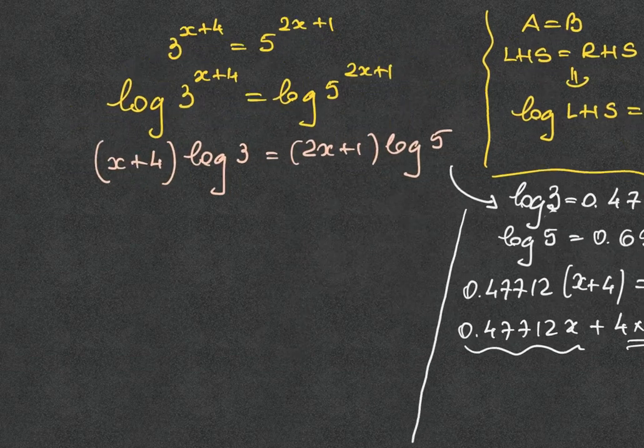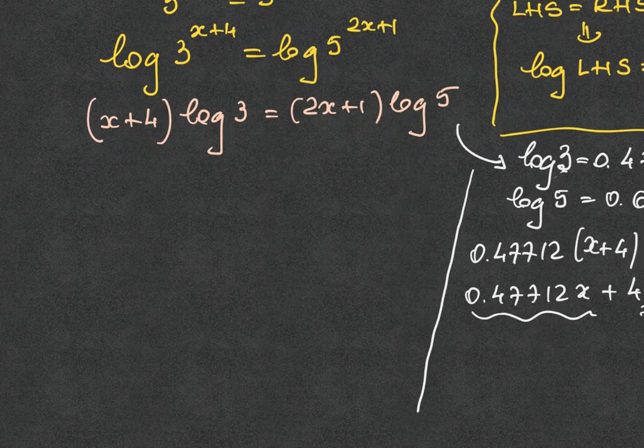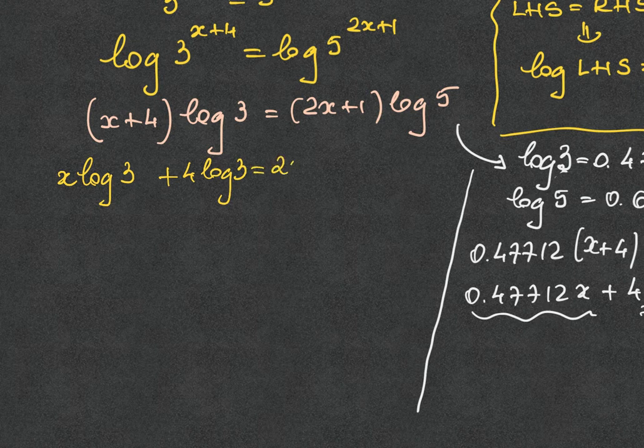So being ugly, let's solve this equation with log 3 and log 5, but it's exactly the same method. So what we've done is we multiply out: x log 3 plus 4 log 3 equals 2x log 5 plus log 5.